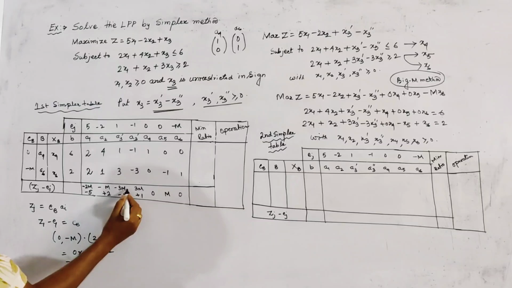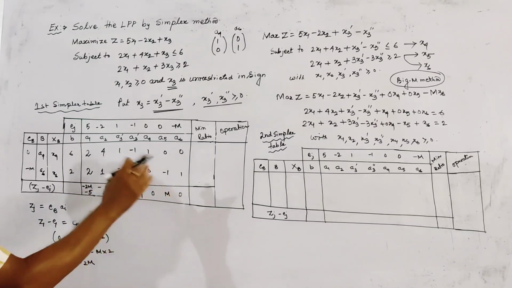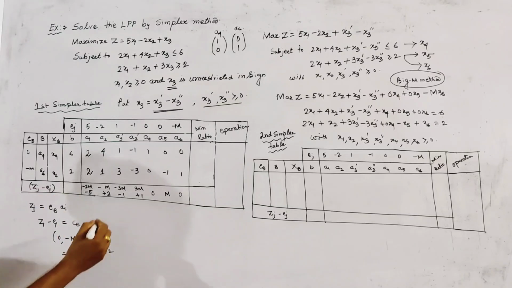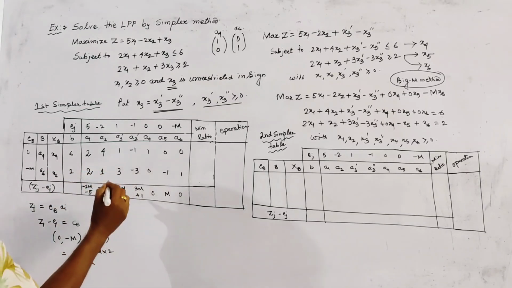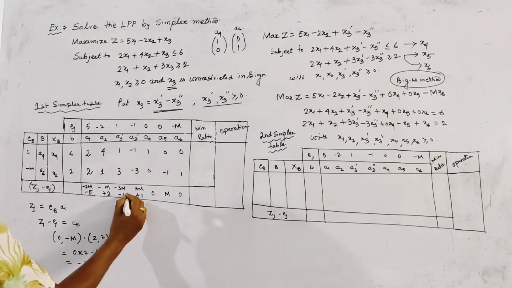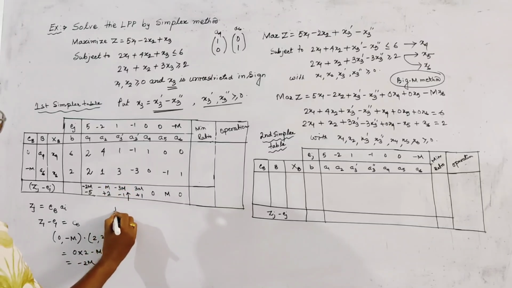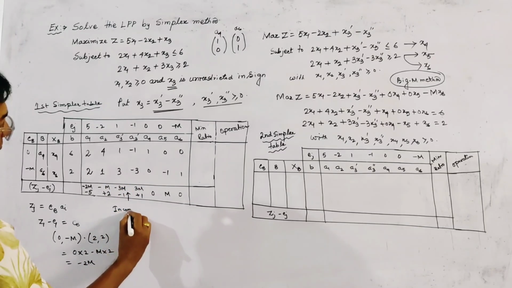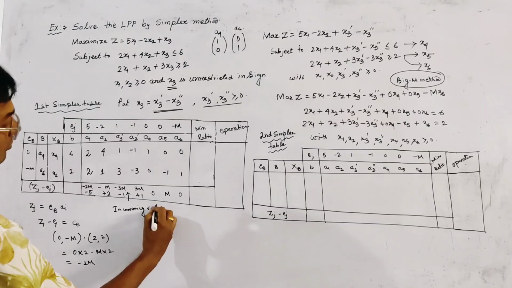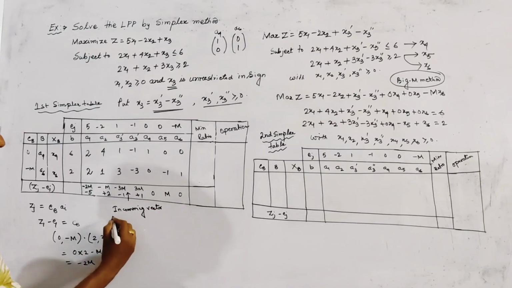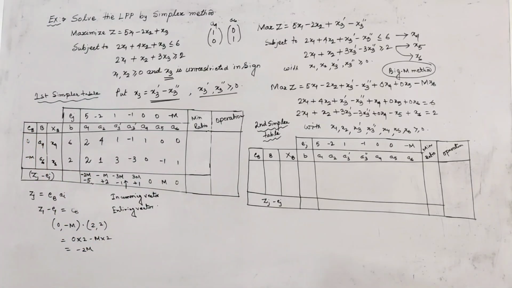So minus 3M is the most negative of all the Zj minus Cj, and since this is the most negative, this indicates that this vector is the incoming vector. Okay, this is said to be the incoming vector, or it is also said to be the entering vector.